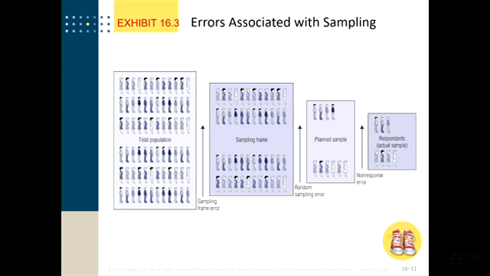So when we have all these three types of error and we have a final workable sample, it's possible that this final actual sample is less than perfectly representative, the one we are actually looking for. So we need to take all necessary steps so that we can keep this error to a minimum. Because as I have already said, random sampling error has a negative relationship with the sample size.